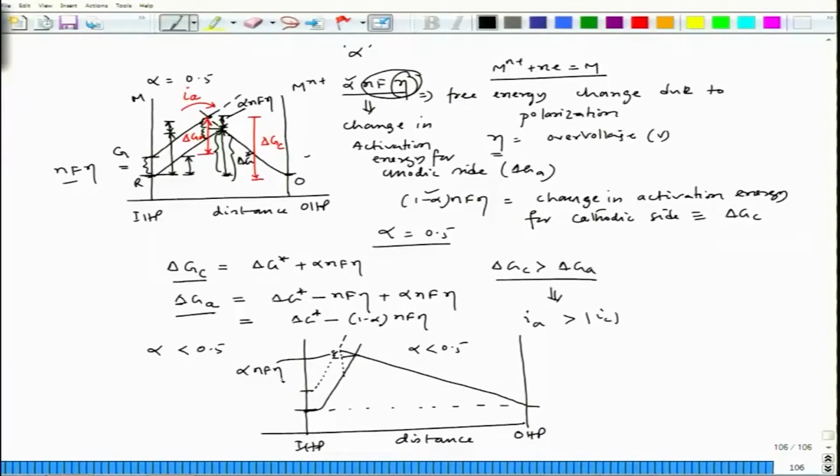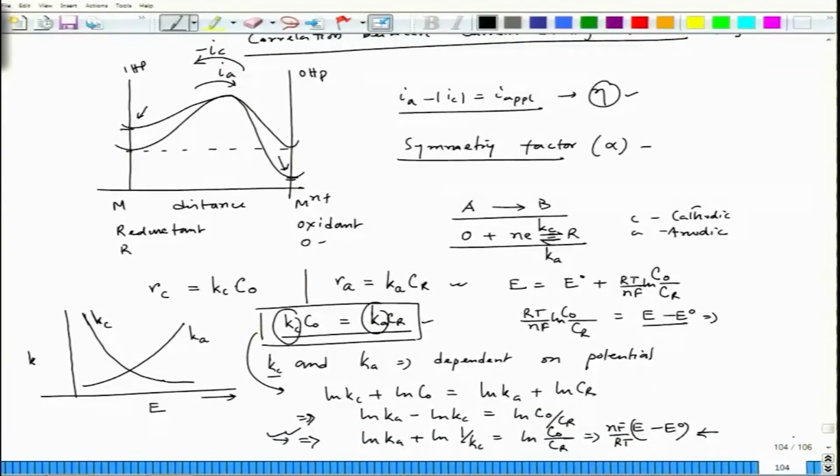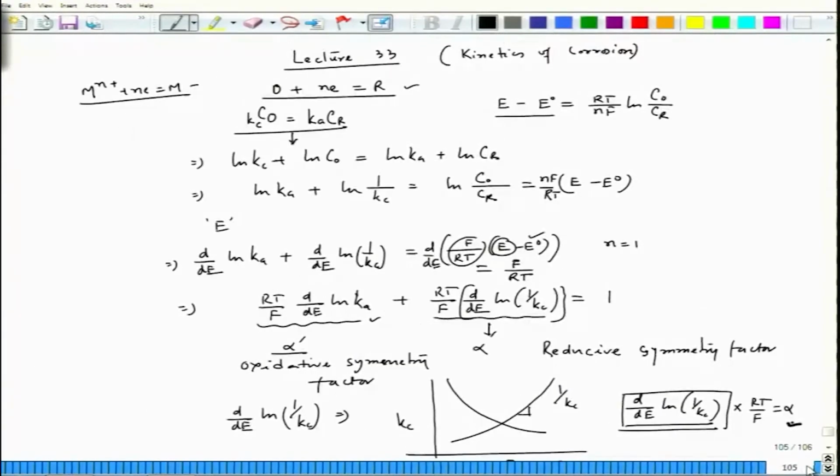And interestingly, if we see the expression for alpha, this is the one.